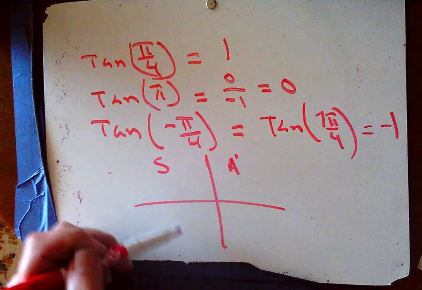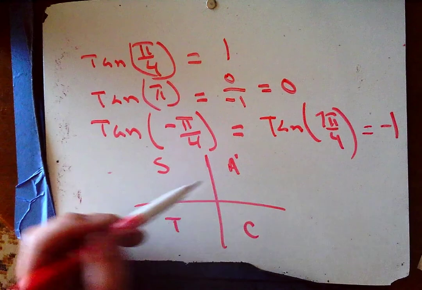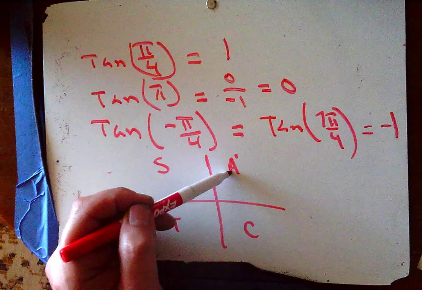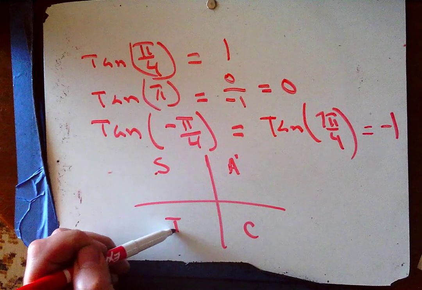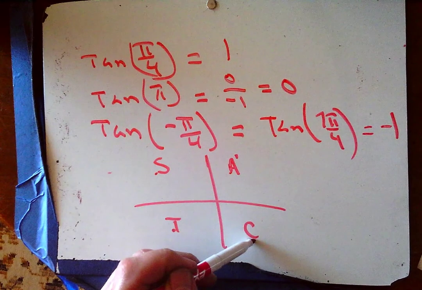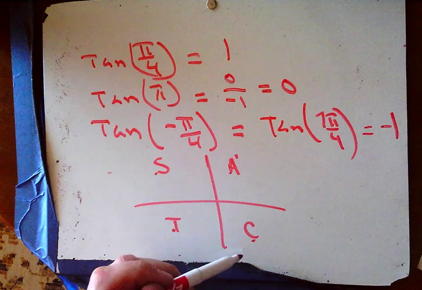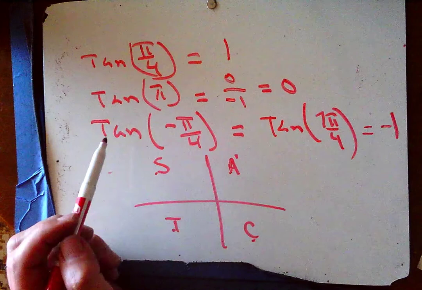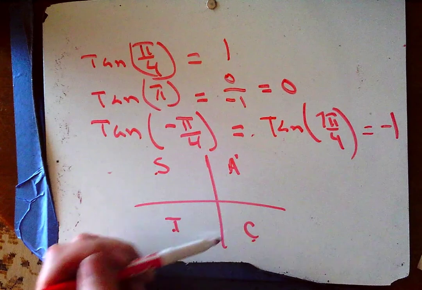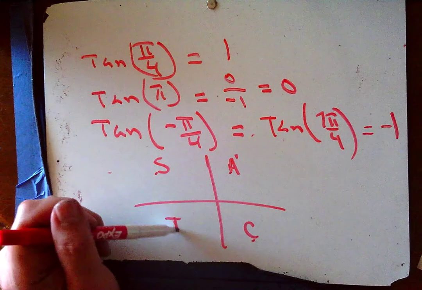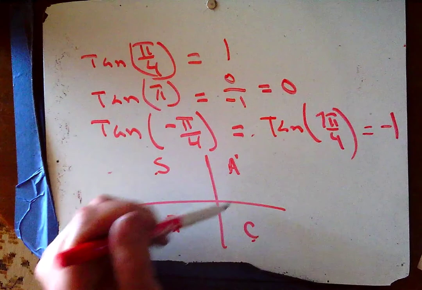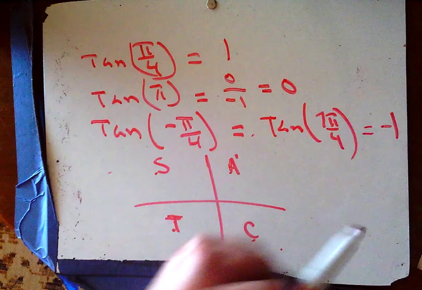All three trig functions are positive here. Sine is positive here. Tangent is positive here. Cosine is positive here. So if I've got tangent of something here, I know that tangent has to be negative, because tangent is only positive in these quadrants. Tangent is negative in these quadrants.